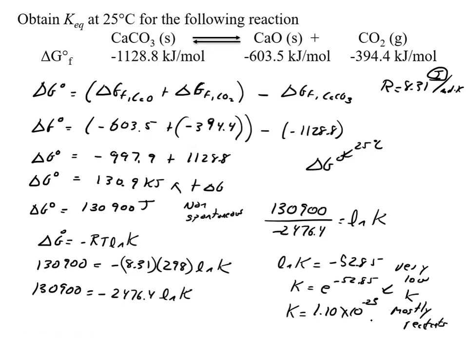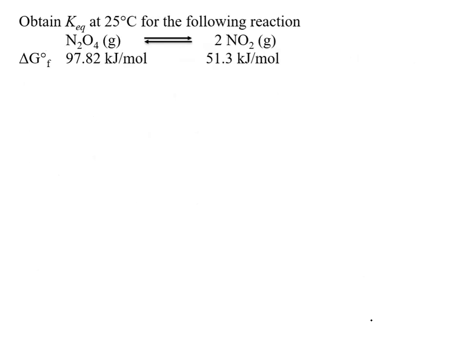All right, let's do another example. Okay, the equilibrium constant when I decompose dinitrogen tetraoxide to 2 nitrogen dioxides. I again have to calculate the delta G naught, so delta G naught is going to be 2 times the delta G of formation of NO2 minus the delta G of formation for N2O4.